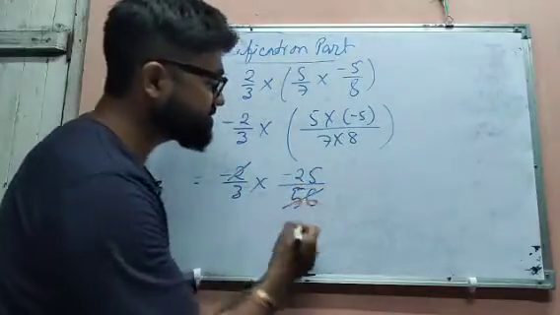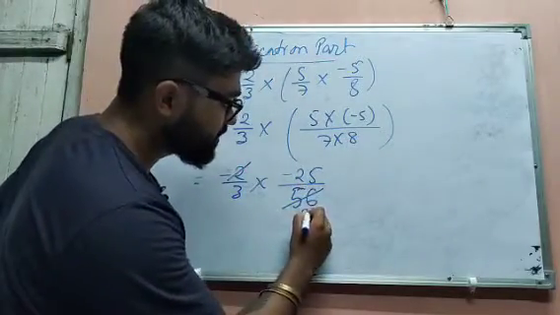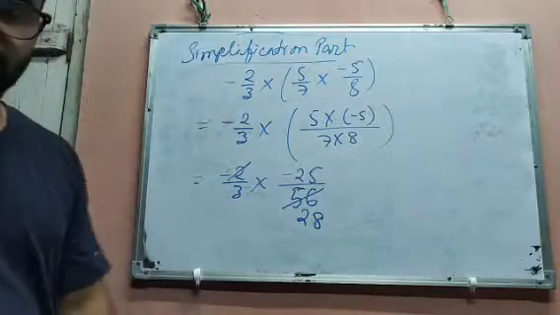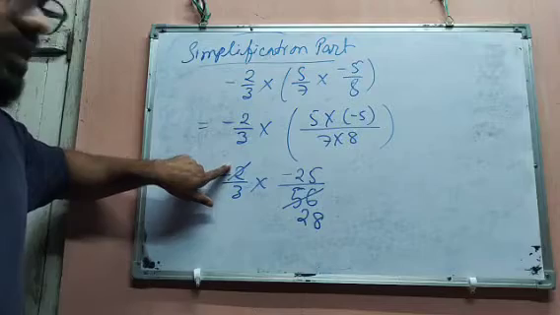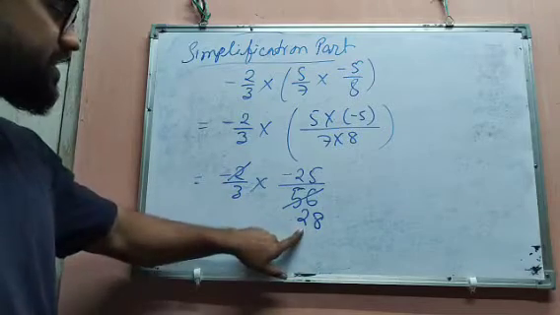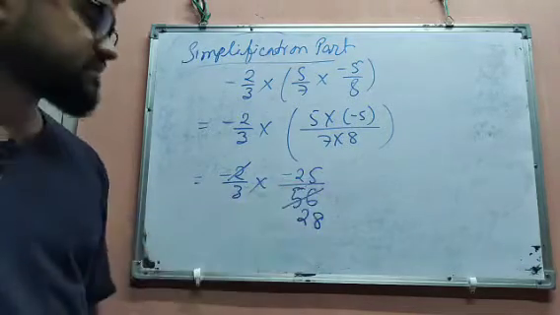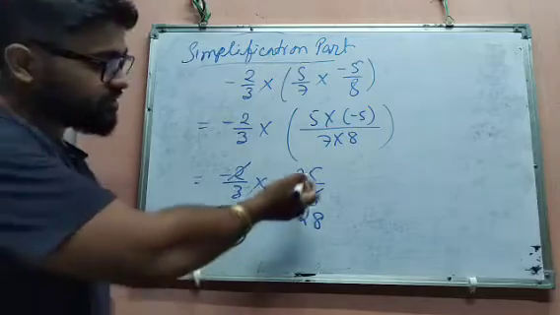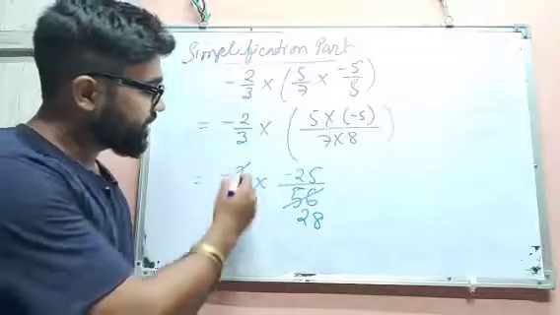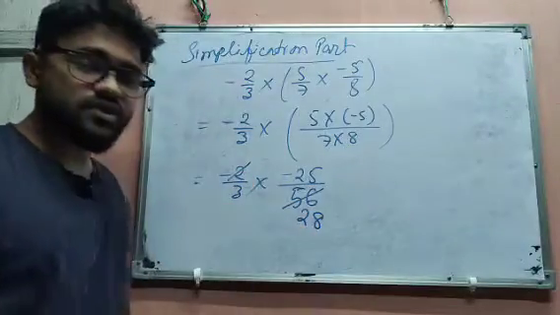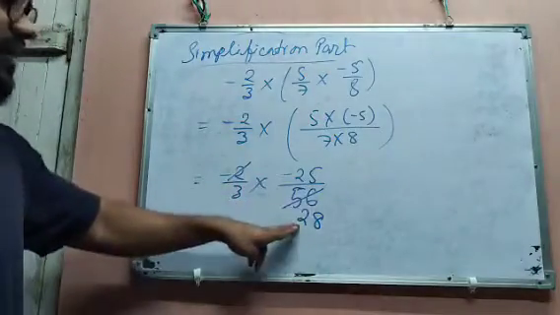2 can cancel 56 by how many times? It can cancel by 28 times. Okay, so what you will get? Here minus 1 will be remaining, here it is 28, here it is 3, here it is minus 25. Clearly now 3 and 25 cannot be divided, and 1 and 28 are already divided.